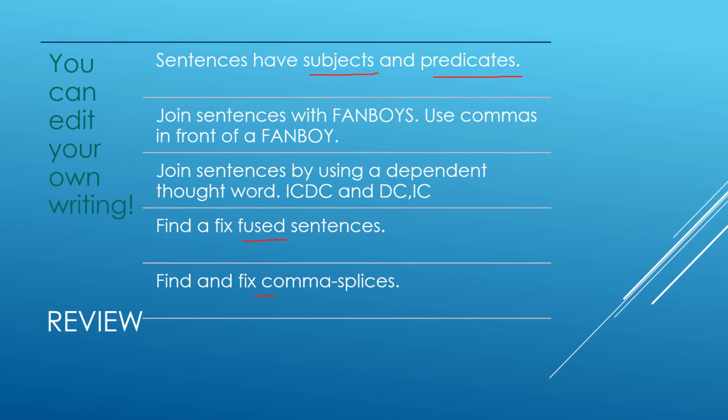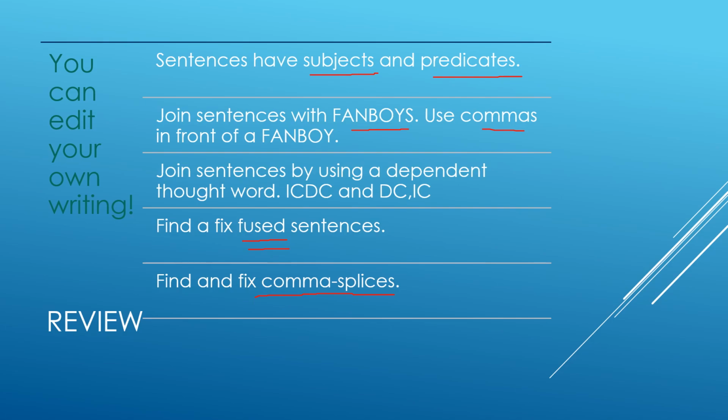So how to find and fix those comma splices, how to find and fix fused sentences. In order to do that, we can fix them when they occur by using a fanboys, which is for, and, nor, but, or, yet, so. And anytime we do that, we have to put a comma in front of the fanboy. So we're learning some punctuation mark patterns that go with the sentence patterns.